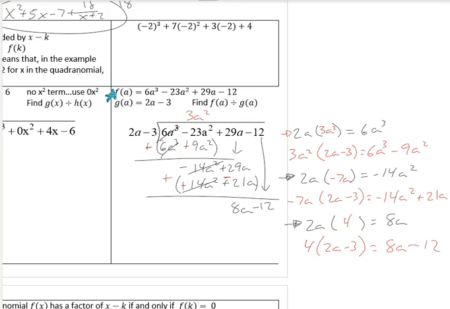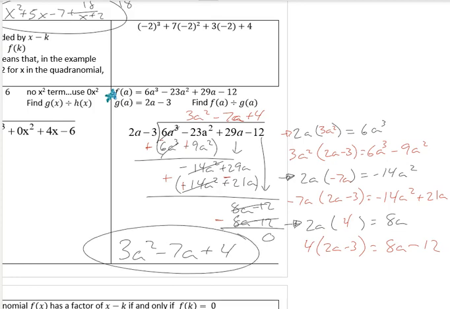Kind of reminds me of the one that we have here, right? So subtract 8a minus 12. Anything subtracted by itself just cancels. So we're left with 0. Which means my answer is, and once again I forgot to write them all up here. My answer is 3a squared minus 7a plus 4. Since this is 0, that means that there is no remainder.